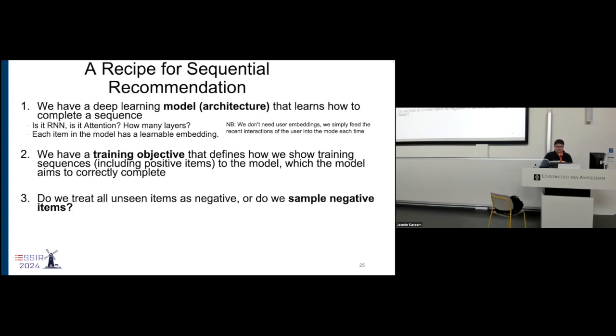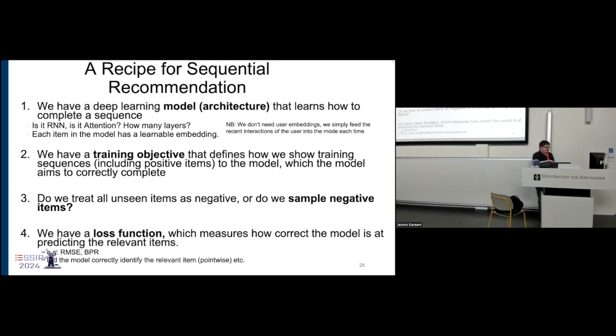And then we need to discuss how, since we usually have a lot of items, do we train the model to distinguish one positive from randomly sampled negatives, or from all possible negatives, or do we do some kind of popularity sampling? And then we need a loss function. We already know some examples, RMSE, for example, which optimizes a kind of discrepancy.